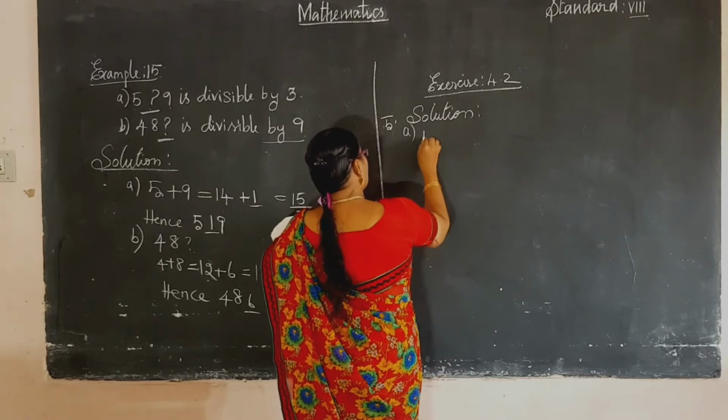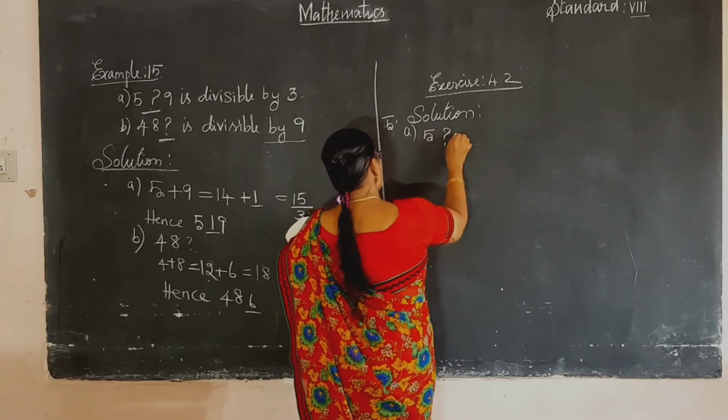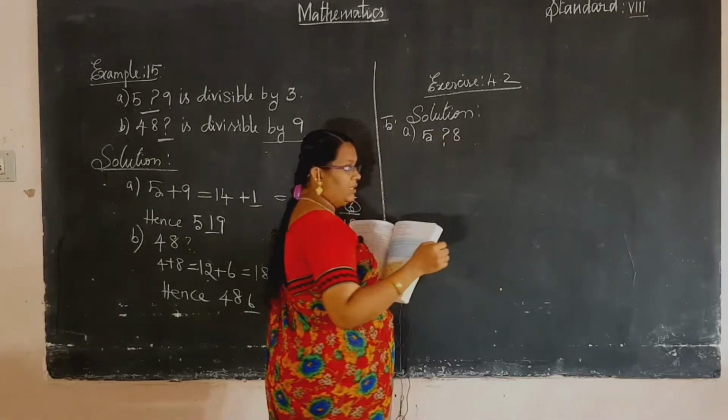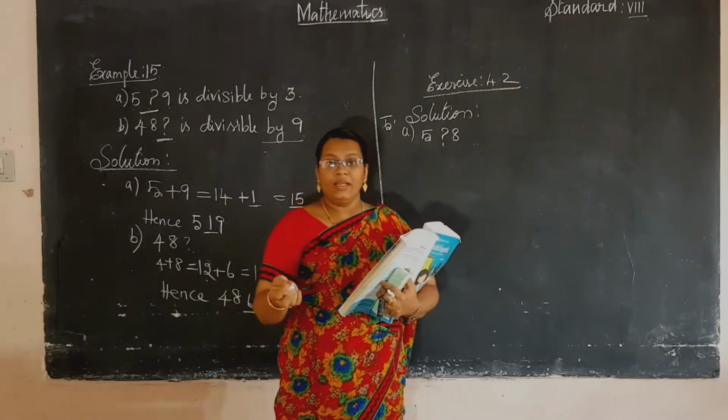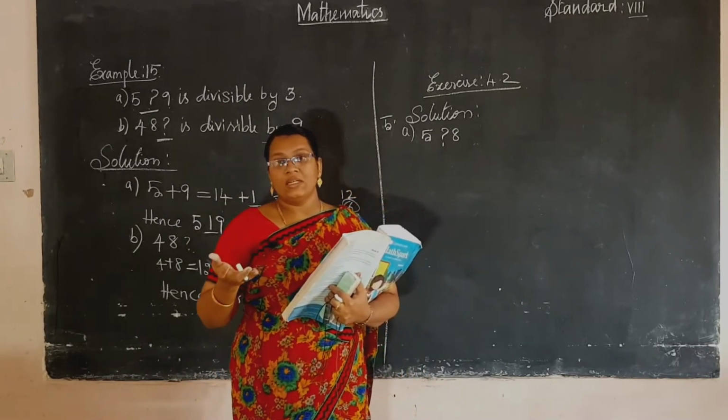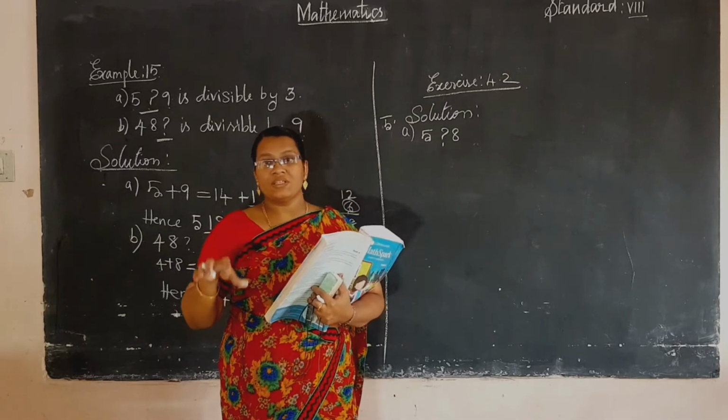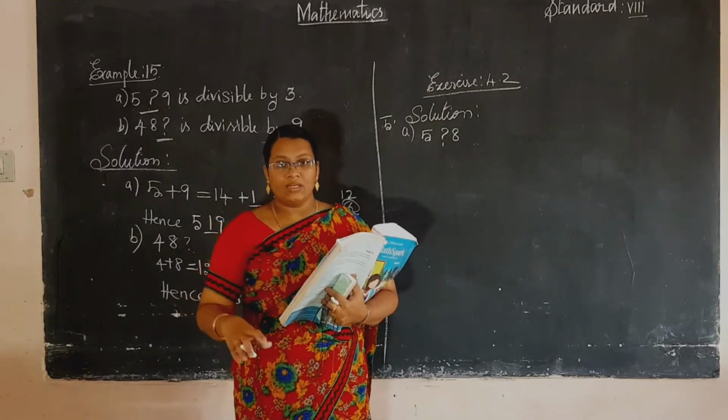What is the divisibility rule for 3? You already know that. The sum of the digits is divisible by 3, then the given number is divisible by 3.